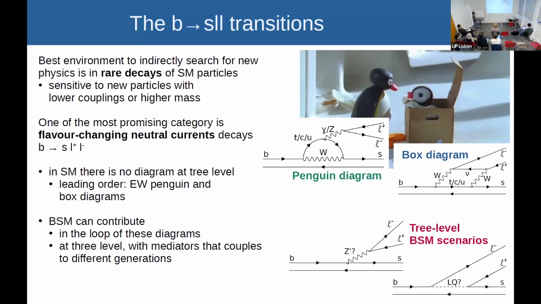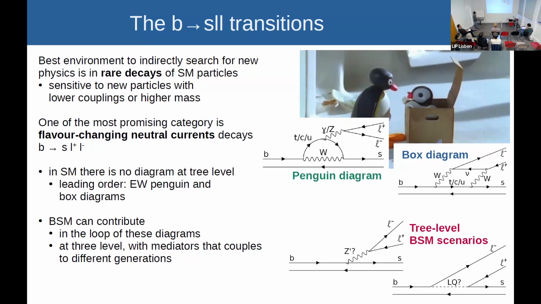These are flavor changing neutral currents, and as such, in the standard model, they cannot happen at tree level. So the leading order diagrams are the ones described here, the penguin diagram and the box diagram, which are the main contributors for the standard model decay.